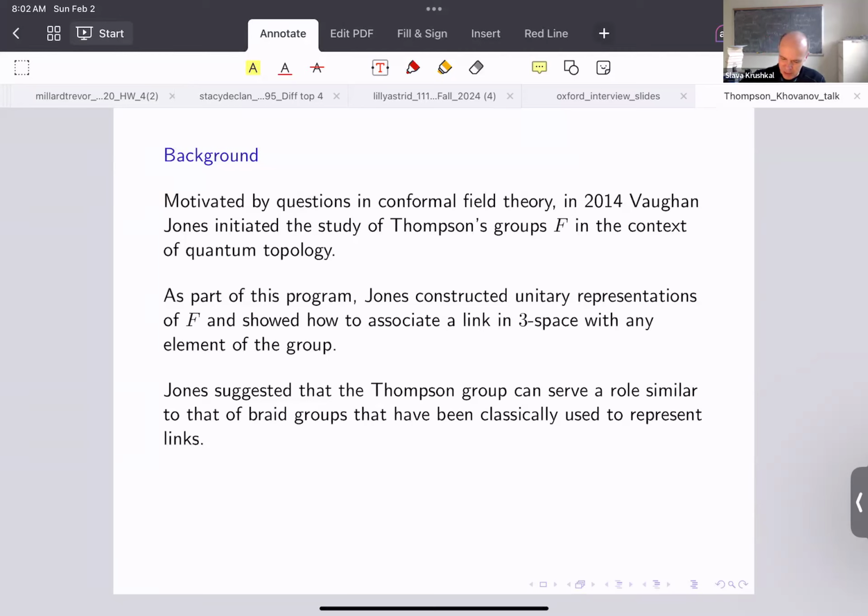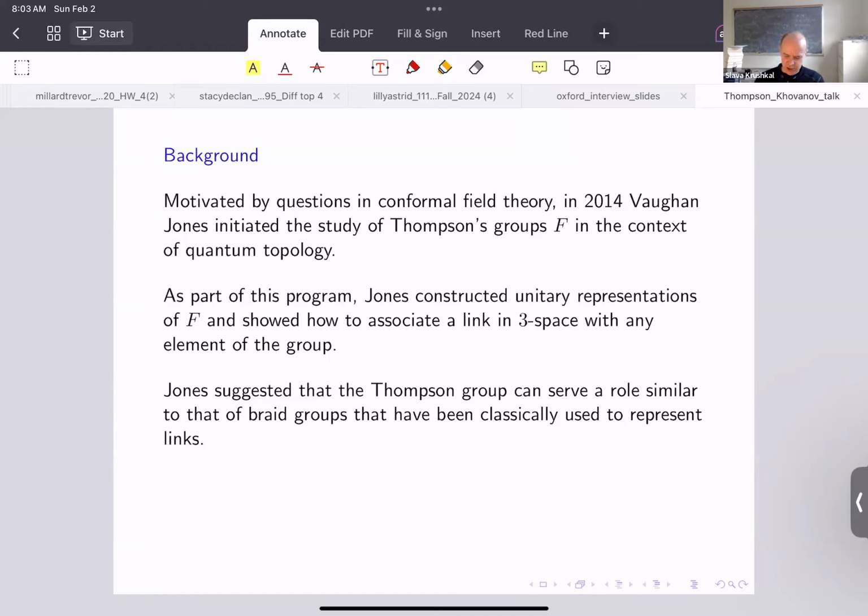And in a couple of his papers, he suggested that classically braid groups have been used to generate knots and links in 3-space, and that the Thompson group is a new candidate for this role of generating knots and links in 3-space.